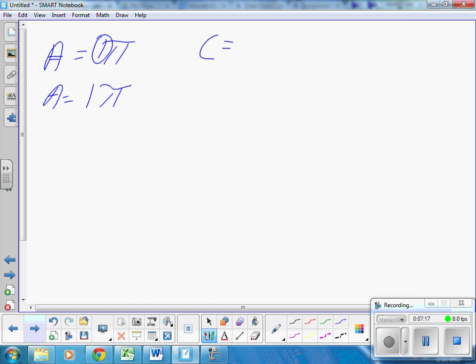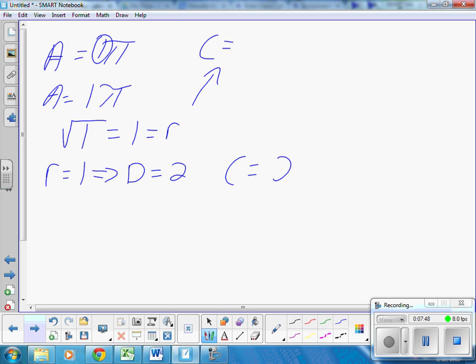Again, the square root of 1 is 1. So that means our radius is equal to 1. I need to know the diameter because I'm finding circumference. So if the radius is equal to 1, that implies the diameter is equal to 2, because the diameter is 2 radiuses. From that, circumference is pi d, so it'll be 2 pi.